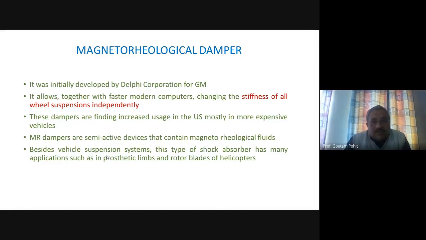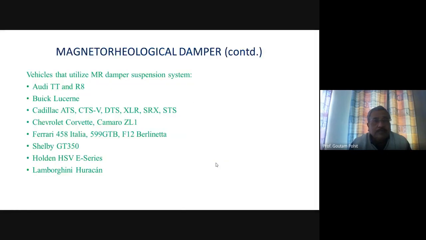Besides vehicle suspension systems, this type of shock absorber has many applications such as prosthetics. I have said those things already. Even for helicopter rotor blades, we can use this magnetorheological damper nowadays to reduce blade vibration. There are many types of blade vibration in a helicopter.